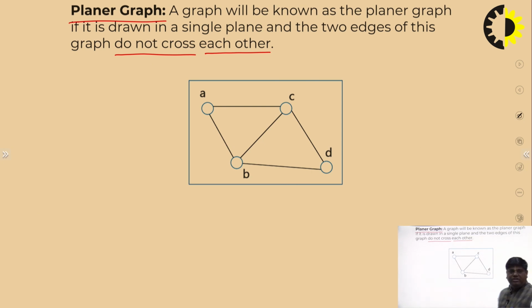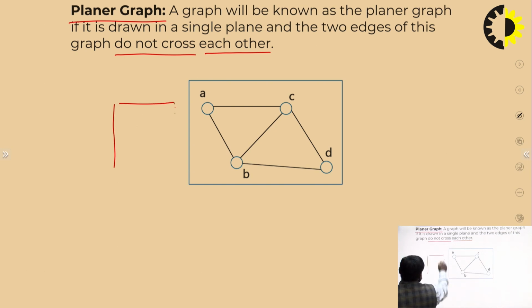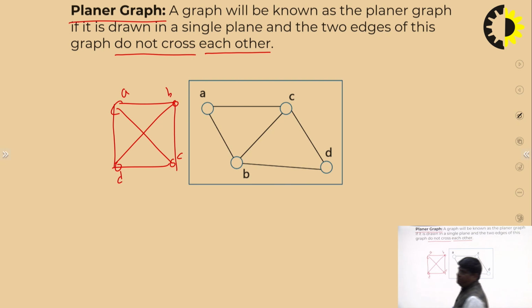Now this one is a planar graph. If we take this example, nodes A, B, C, D, this is not drawn as a planar graph because these two edges cross each other, but we can draw this graph on a plane without crossing any edges.